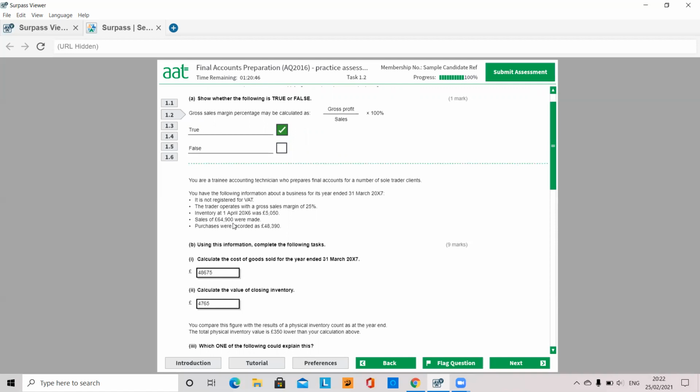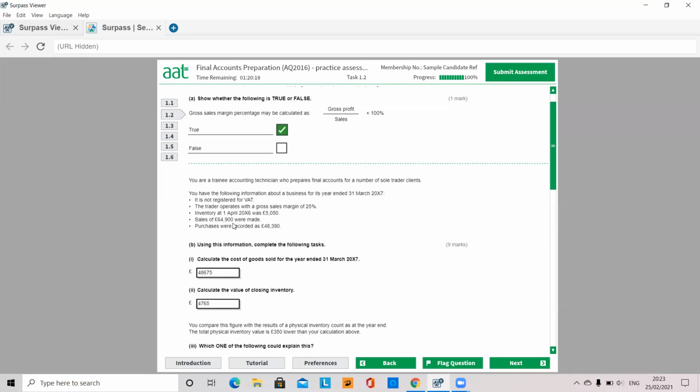So therefore, if you've got the sales figure, which is 64,900, that's the 100%, and you want to work out what the gross profit is, then 25% of that is 16,225. Okay. So I know what my sales are, and I know what my gross profit figure is. So therefore, as a process of elimination, the difference between them is the cost of sales.